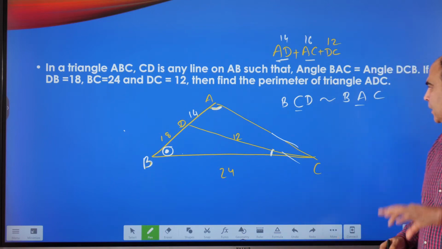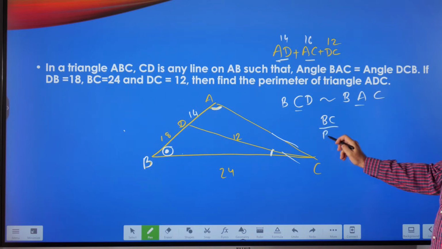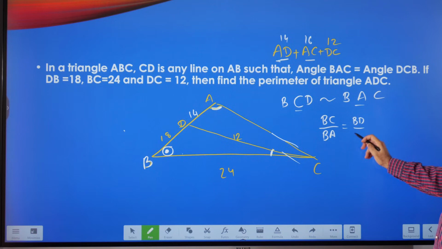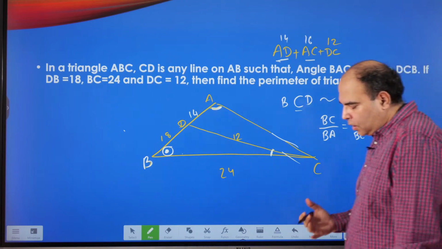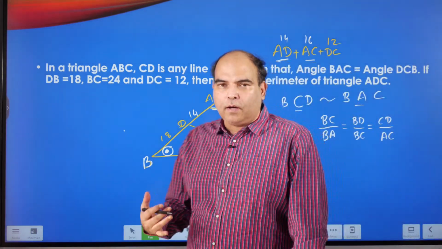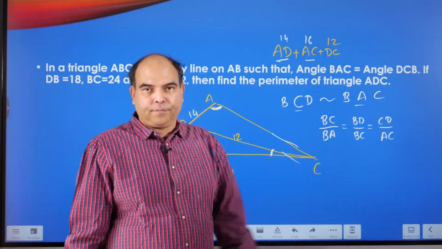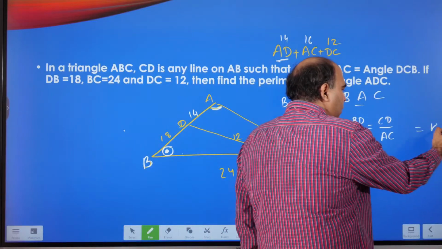So then you know that BCD and BAC are similar. And if BCD and BAC are similar, then you get the three equalities of three ratios: BC upon BA is equal to BD upon BC is equal to CD upon AC. In the beginning, when you are not too used to solving similarity based questions, you've not done too many, then you first write all of them in the question, and then you start seeing this is equal to k, some constant k.